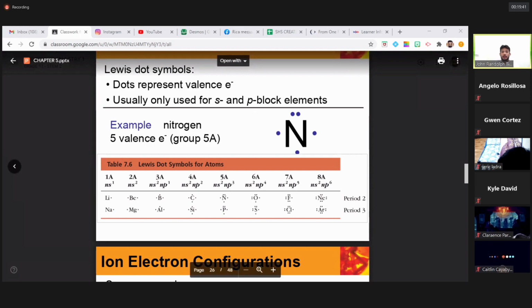So for example, beryllium, it can't be like this. Beryllium is group 2, right?